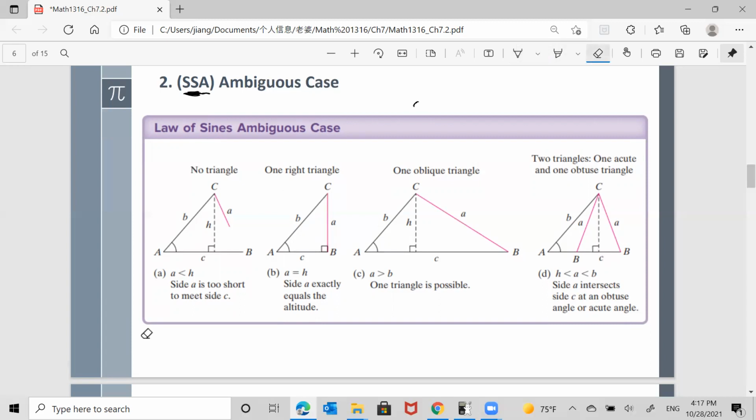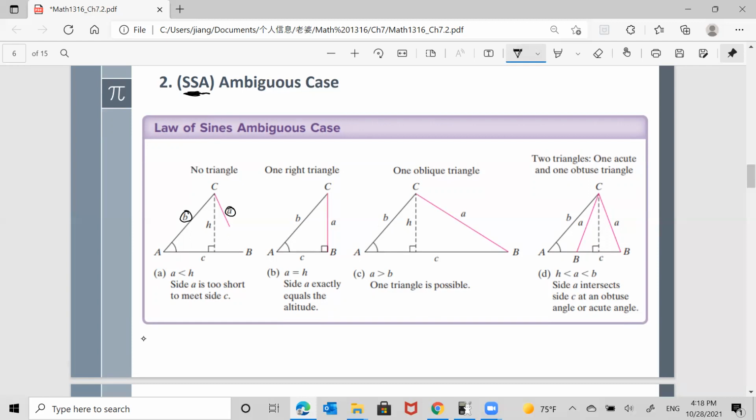Okay, so let's see the example. If the A and the B, the length is set. So here and here, they give us A and B's length, and they give us A's value.